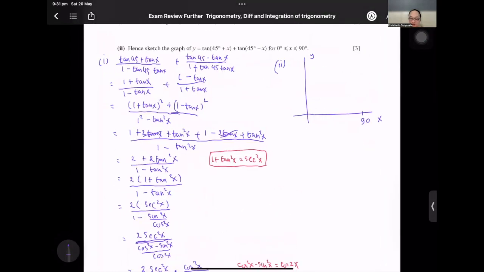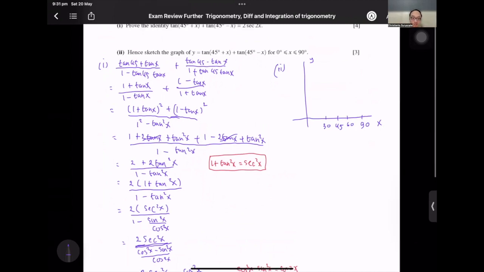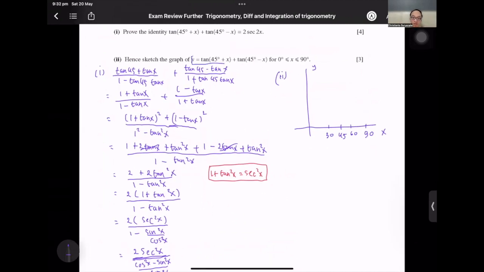Okay, so I put the special angle, this is 45, this is 60, and this is 30. Now, this form is equals to 2 secant 2x. Or we can say this is 2 over cos 2x.